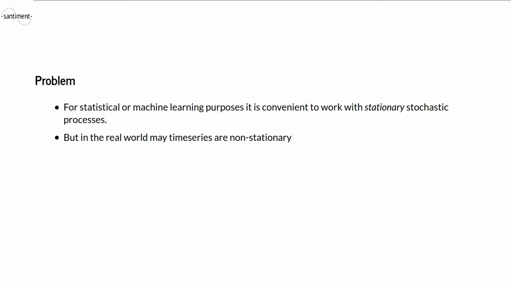But in practice, in the real world, many time series do not look to be stationary. And we have some methods to make non-stationary data into stationary data. One method is called differencing. I think there are also other methods, but I don't know them, so I'll talk about just this one.